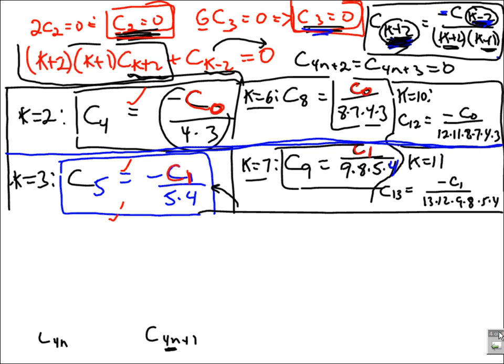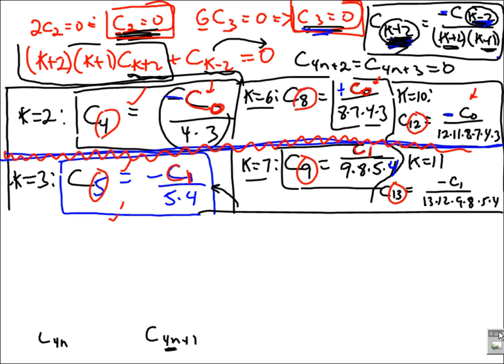The numbers above this red line are pure multiples of 4. The subscripts are all multiples of 4, and the ones below are one more than multiples of 4. And the ones that are multiples of 4 all have C sub 0. I see that. And the signs alternate. First it's negative, then positive, and then negative.